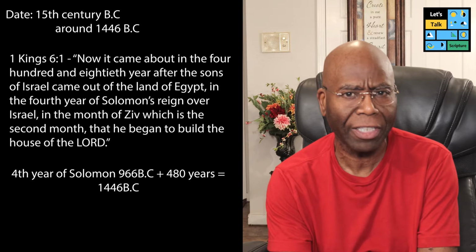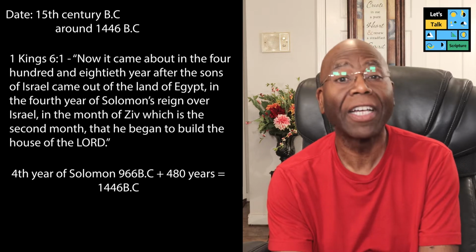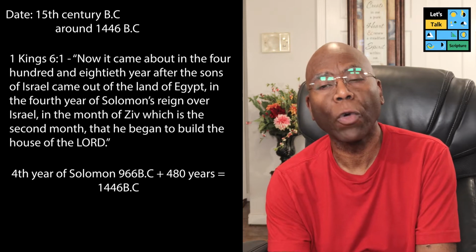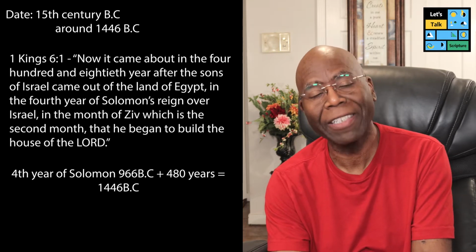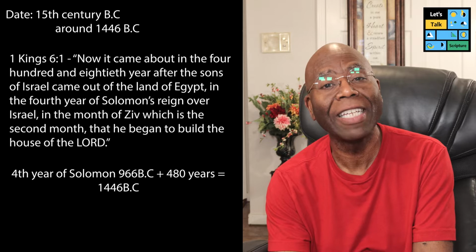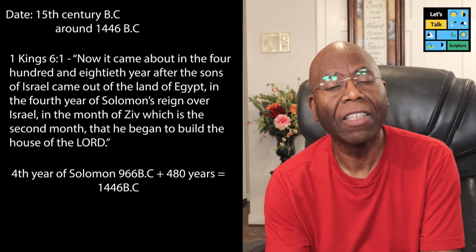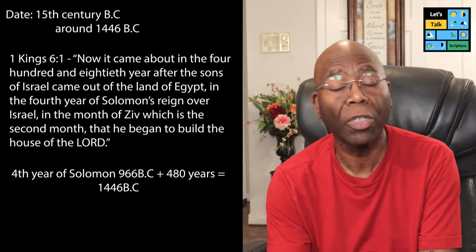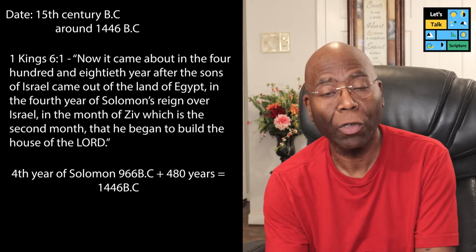That was roughly the time in which Solomon built the temple. And so this was about 1446 BC, which is basically when we would see them leaving Egypt in about the mid 15th century BC, which gives us an early date for the leaving of Egypt.